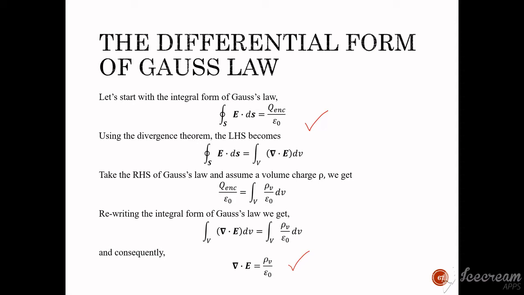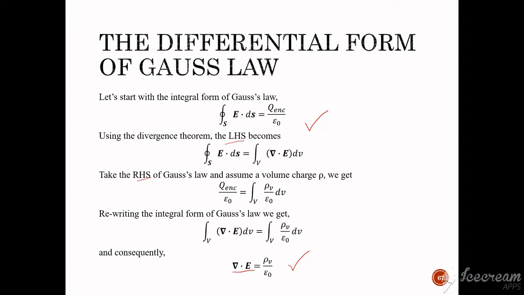You can see the integral sign, but you cannot see any integral sign at the end, where we only have the divergence of the electric field, which is actually a differential equation. Here we use the divergence theorem and write the left hand side of the equation, and for the right hand side we use this relation.